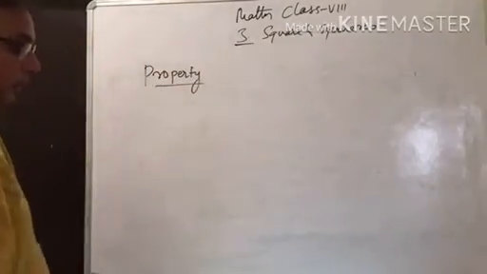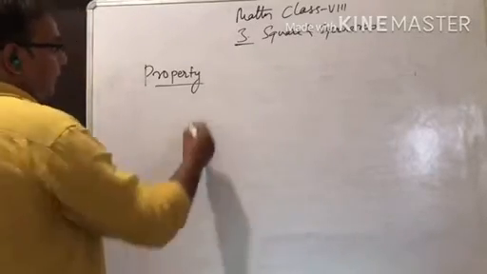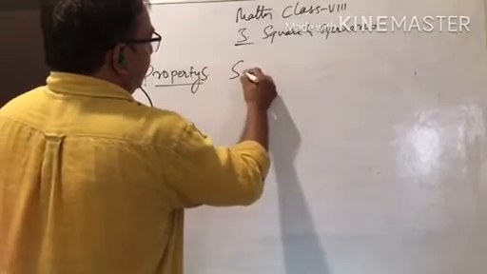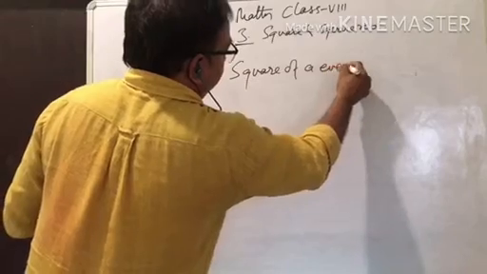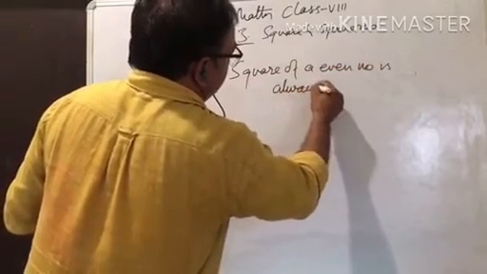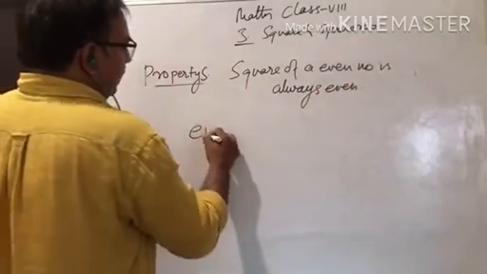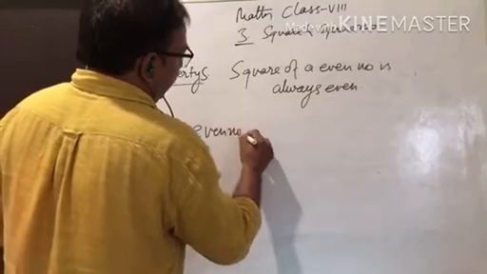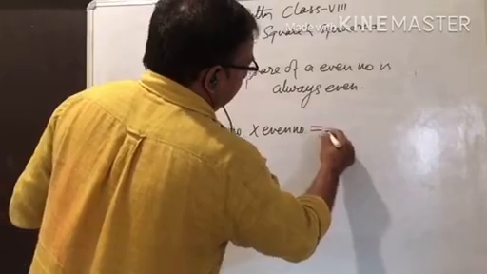Now, property number 5: the square of an even number is always even. Even number multiplied by even number, the answer must be even.